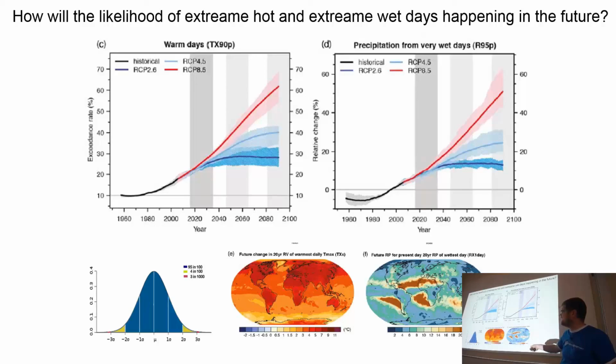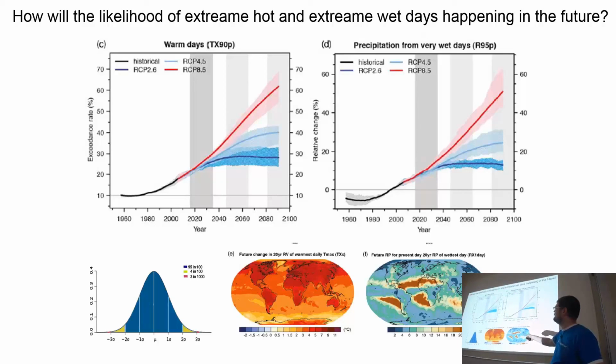So there's a 10% chance that we would be in this window down here, and a 90% chance we would be somewhere in the rest of the distribution. Now, if you look into the future, the likelihood of being above that temperature in any one year seems to increase.